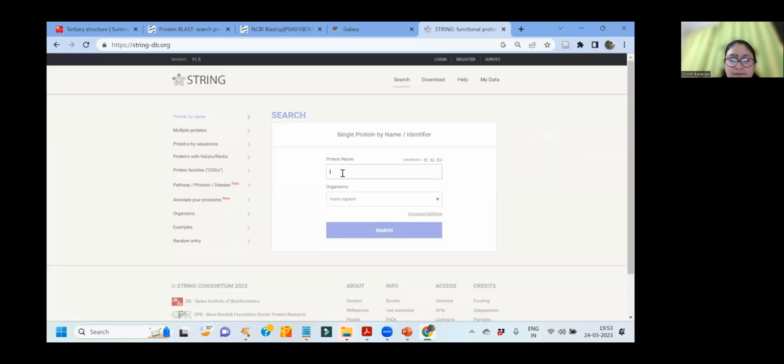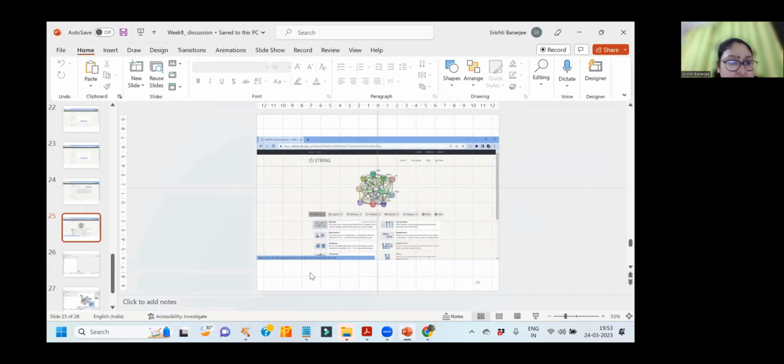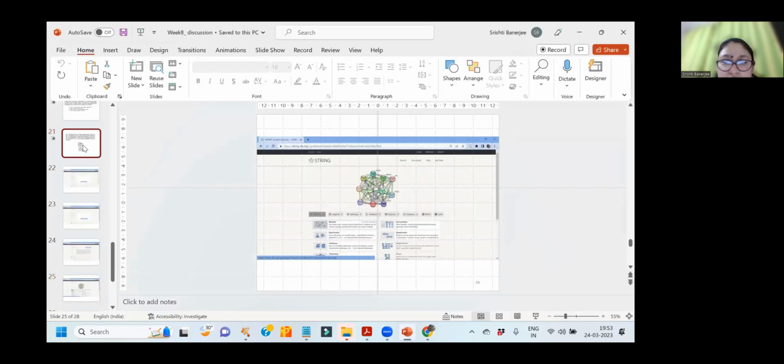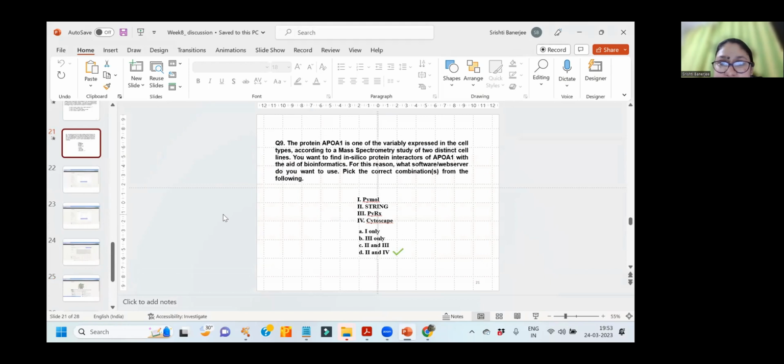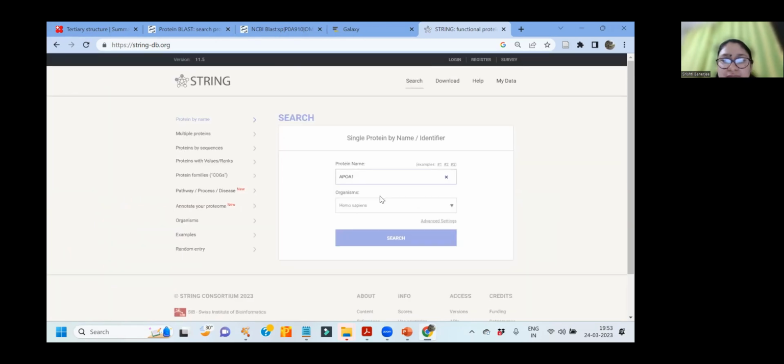Okay, so I paste my protein, and let's see what's written in the question. Is it mentioned human cell line or not? Okay, let's keep it Homo sapiens only. You can maybe try other organisms later, once the session is over.